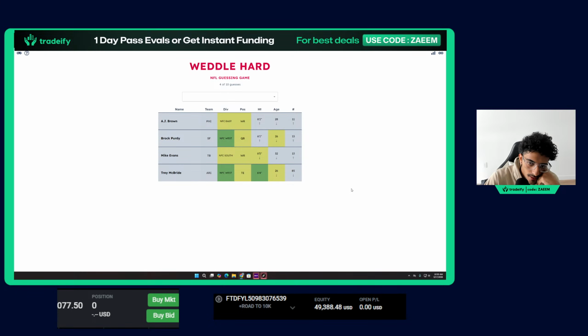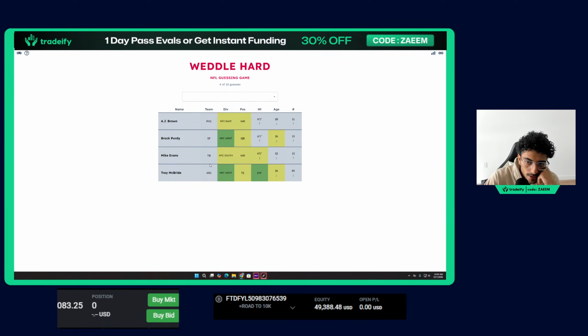Okay. NFC West. He's not on the Niners, not on the Cardinals. So either Seahawks or the Rams. Seahawks, Rams on the offense. Shorter than 6'4", not a QB. Short or 6'4", he has to be 6'4".